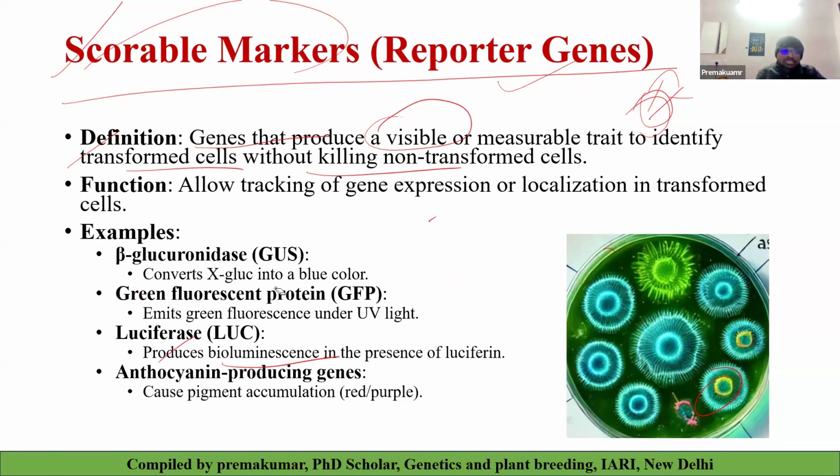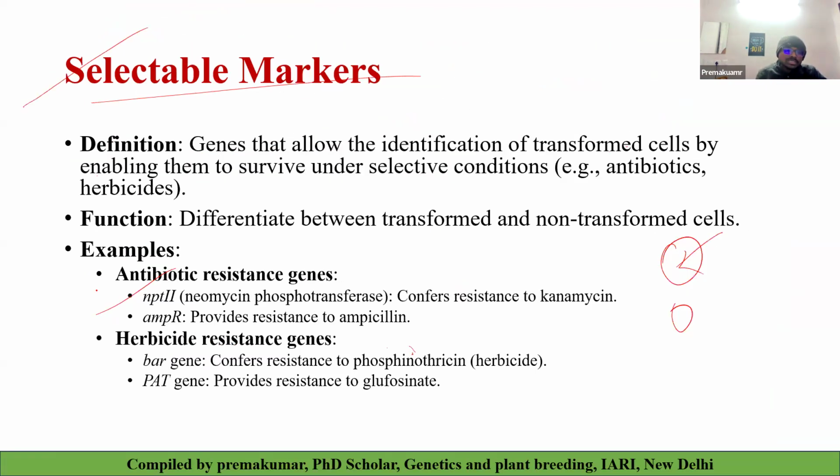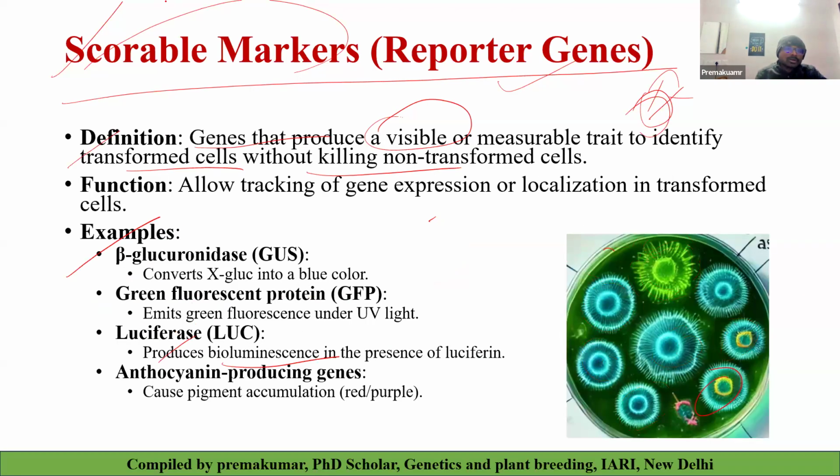You should remember all the examples: which is a scoreable marker, which is a selectable marker. For selectable markers: antibiotic resistance genes and herbicide tolerance genes. For scoreable markers: beta glucuronidase, green fluorescent protein and luciferase.